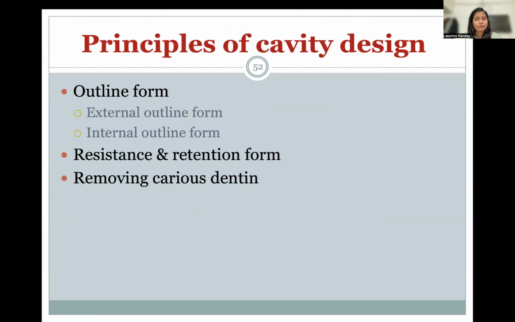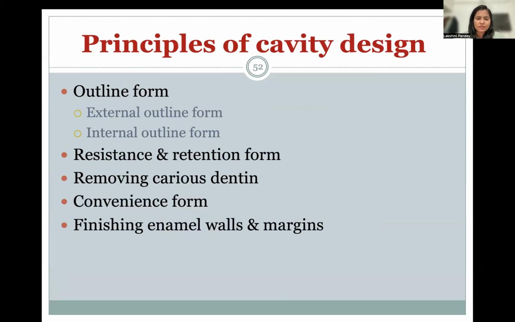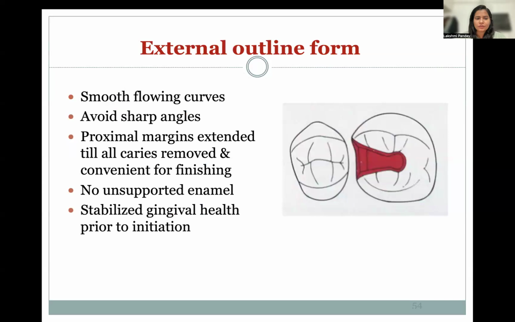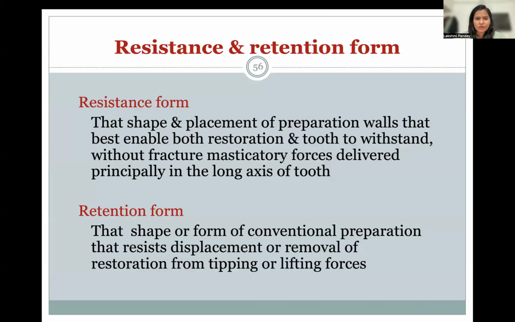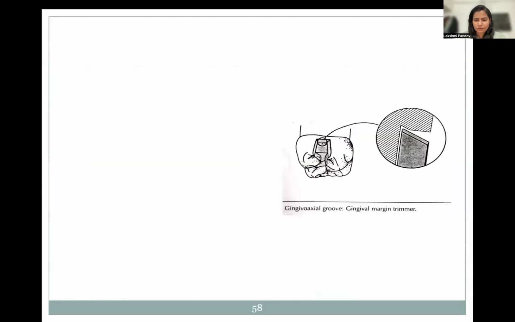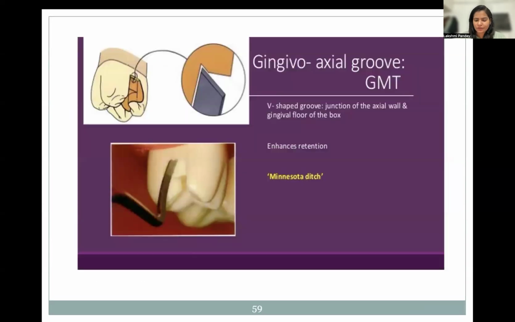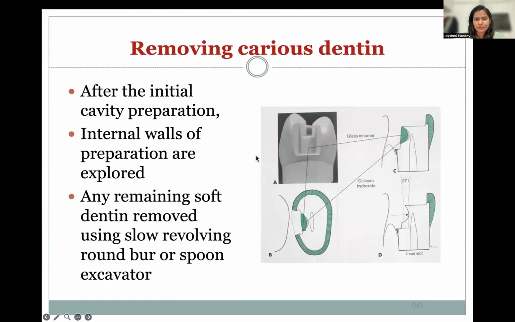All of you must have read in fundamentals about the outline form, resistance and retention form, caries removal, convenience form, finishing, and all this part. So it's the same. You have to follow all the fundamentals here. See here, gingival bevel, Minnesota ditch, another one to enhance the retention.